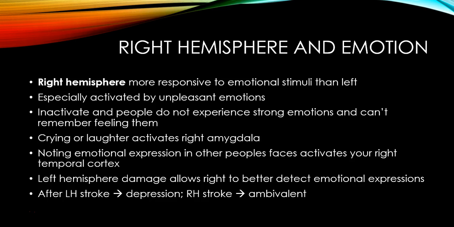And that is a difficult situation. And so the right hemisphere, the very emotional hemisphere, is the one that's working, and we're more likely to see depression in those patients. However, after a right hemisphere stroke, so the emotional hemisphere is damaged, the person may still have the same problems in terms of having trouble walking, being paralyzed, being in the hospital, but their emotions are much more ambivalent, because that right hemisphere, that emotional hemisphere, is the part that's damaged.